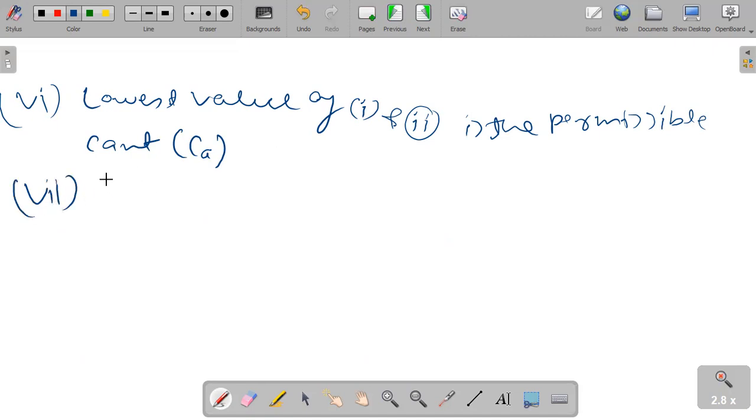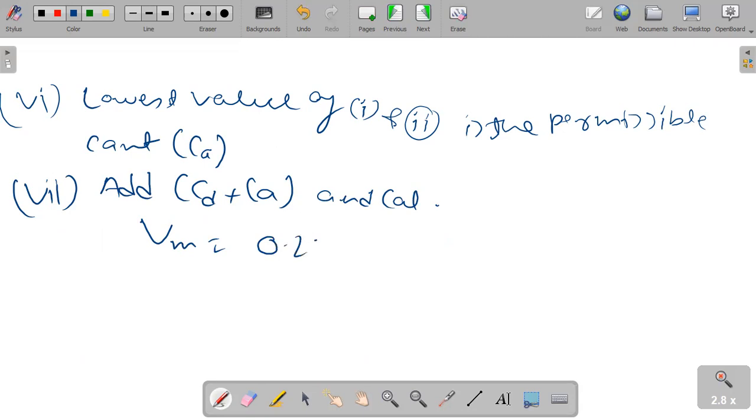Our seventh step: add cant deficiency and permissible cant and calculate Vm by using the formula Vm is equal to 0.27 under root Ca plus Cd into R. So these are the steps for calculating Cant and Vm.